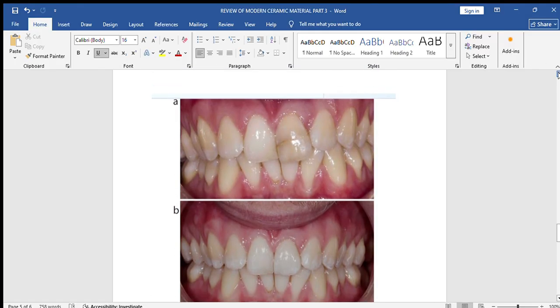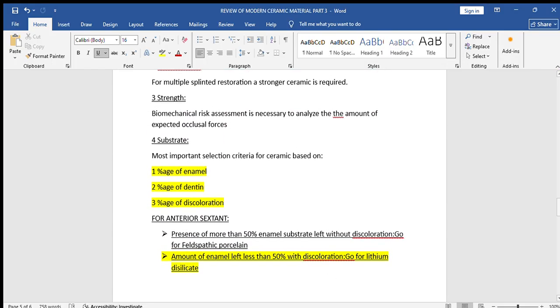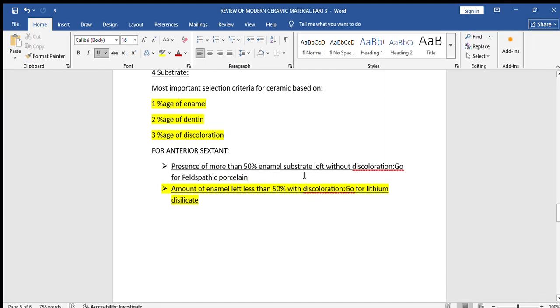Why? In anterior we observe two things. For the anterior sextant, if more than 50% enamel substrate is left without discoloration, we will go for feldspathic porcelain. And if the amount of enamel left is less than 50% with discoloration, then we will go for lithium disilicate. So in this case we go for lithium disilicate. There are two reasons.